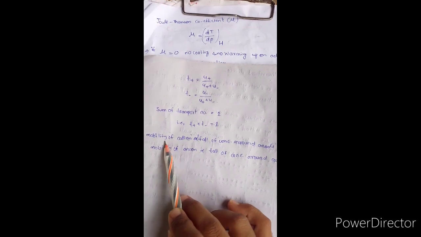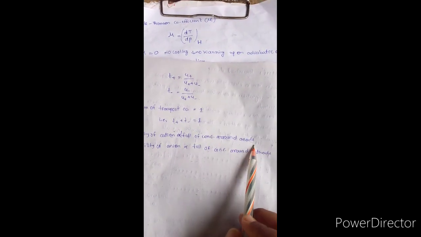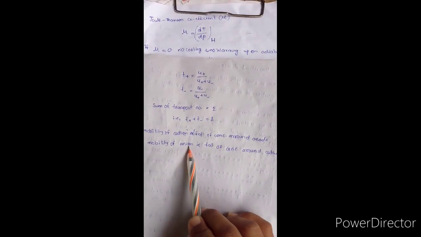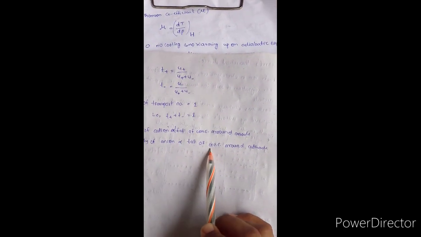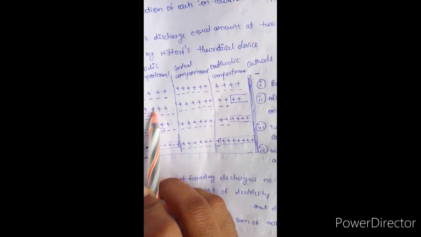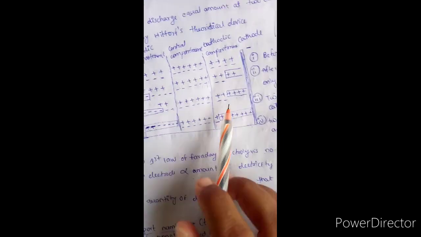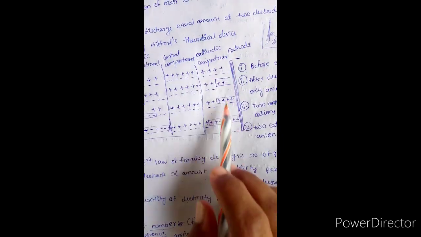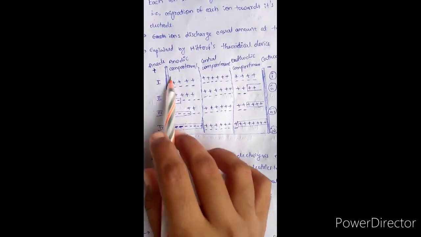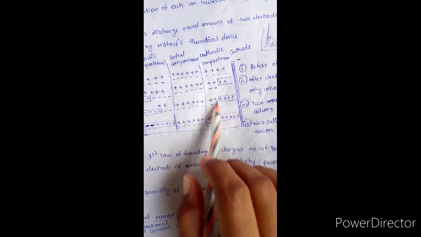The mobility of the cation is directly proportional to the fall of concentration around the anode, and the mobility of the anion is directly proportional to the fall of concentration around the cathode. That means if cations are moving from anode to cathode, the concentration around the anode will decrease, and if anions are moving from cathode to anode, the concentration around the cathode will decrease due to the decrease in the number of ions.